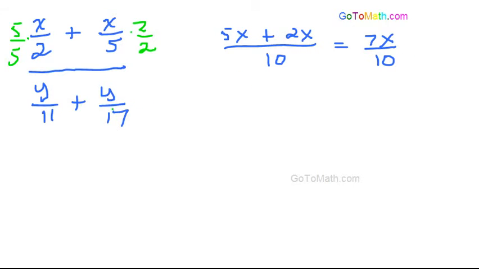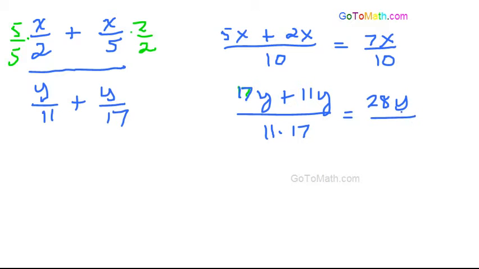Now let's look at the denominator here. We're going to have 17y plus 11y, and that's all over 11 times 17. So 17 plus 11 is 28.